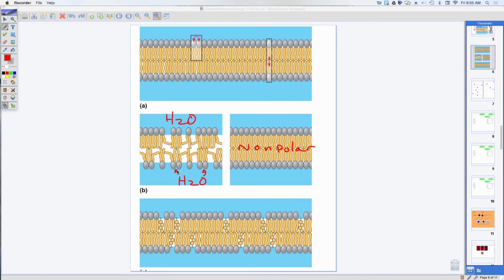One of the characteristics of this membrane is that it is semi-permeable, and that semi-permeability is due to the gaps that exist between the fatty acid legs.